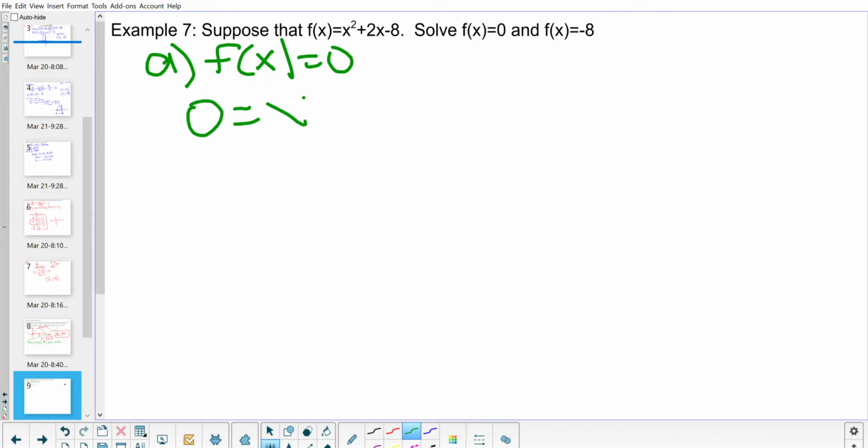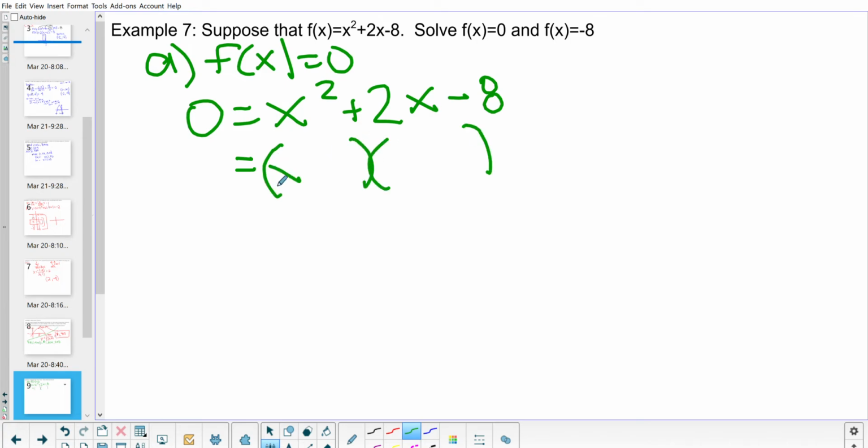We have done this so much this year, guys. I've been forcing you to learn how to guess and check, not use that table method. I'm hoping you're getting better at factoring this. So I know this has to be x, this has to be x, and then what am I going to have here so that they multiply in FOIL to be -8, but then they add to be 2.